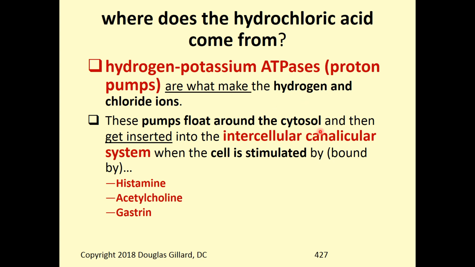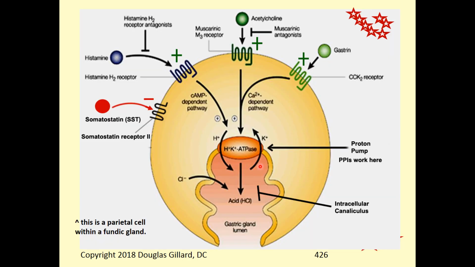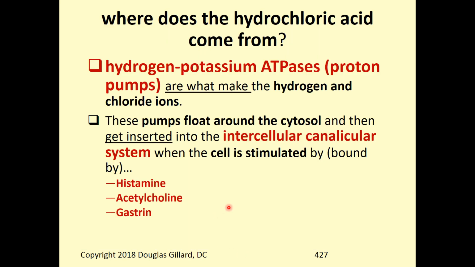Pumps float around the cytosol and get inserted into the intracellular canalicular system, which is this canal system. This would connect, we're kind of upside down here, to the lumen of the oxyntic gland, and then it could bubble up into the real lumen of the stomach.